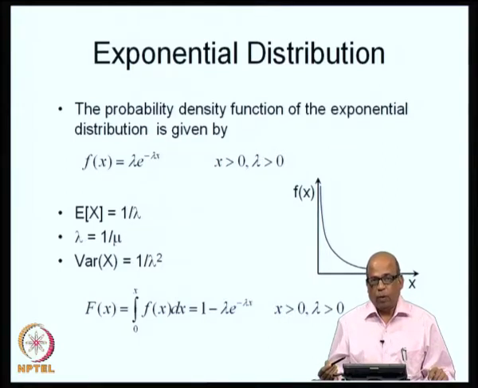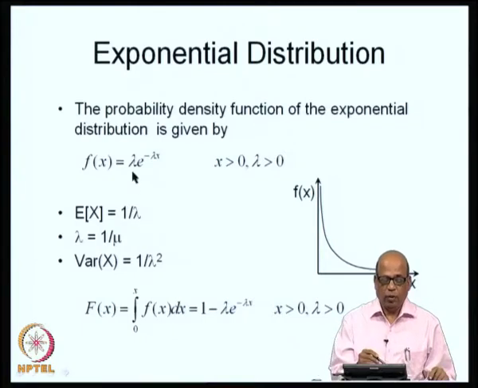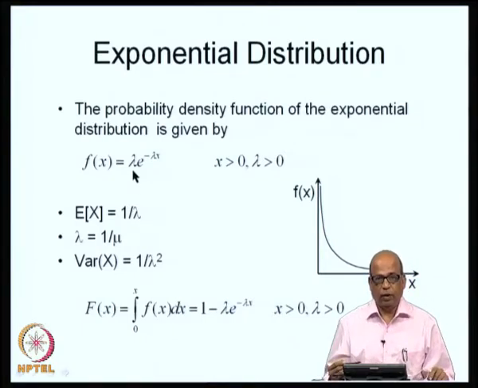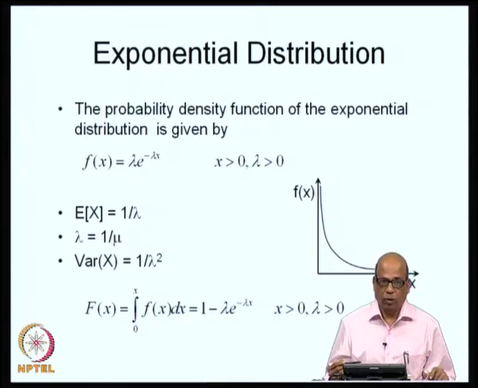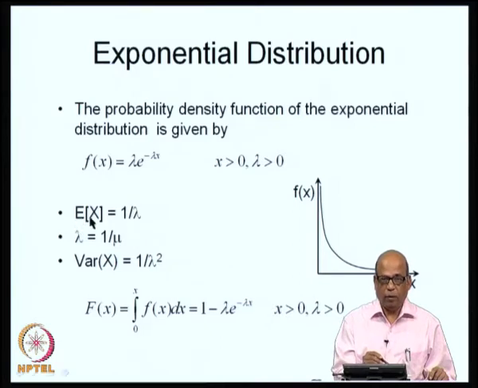Remember, both normal distribution as well as log normal distributions had two parameters, mu and sigma, and the exponential distribution has only one parameter, lambda. So, if you are given a sample that follows an exponential distribution, from the sample you can estimate the sample mean, and from the sample mean you can estimate the parameter lambda, because mean is equal to 1 over lambda.